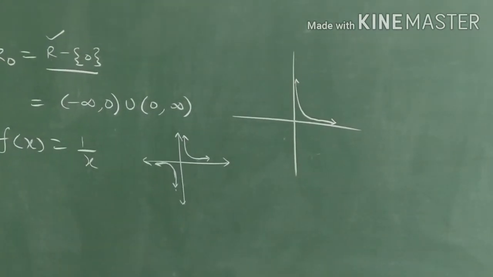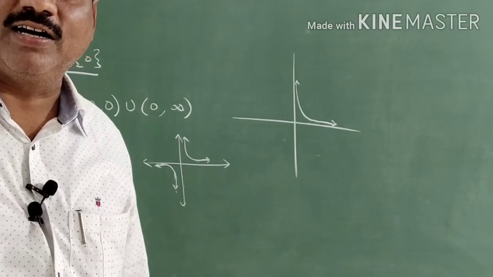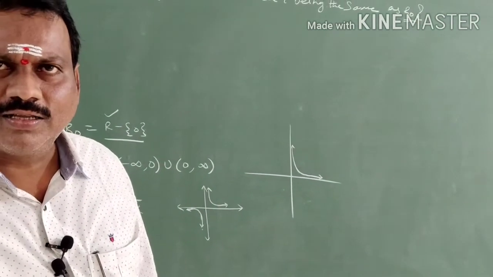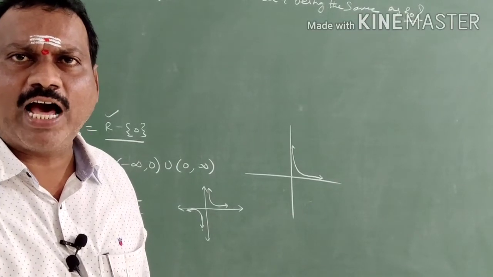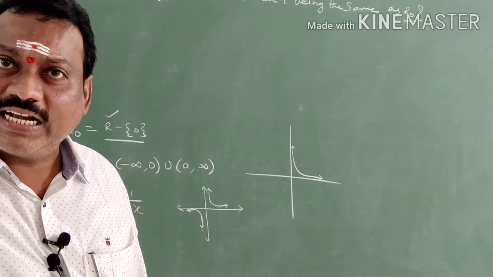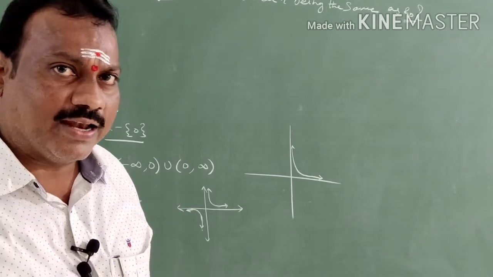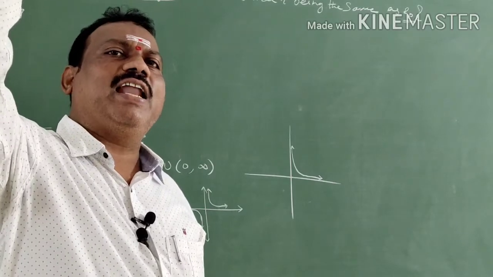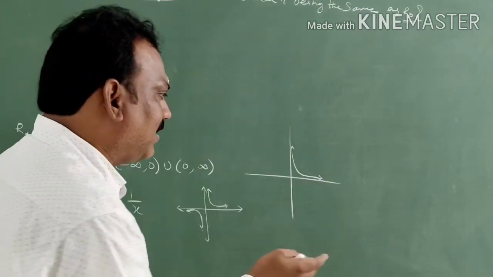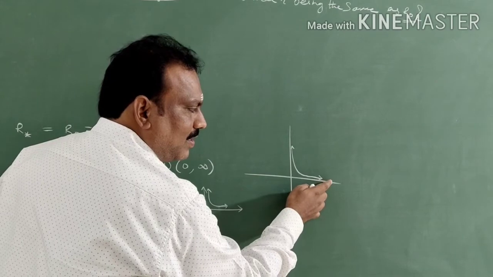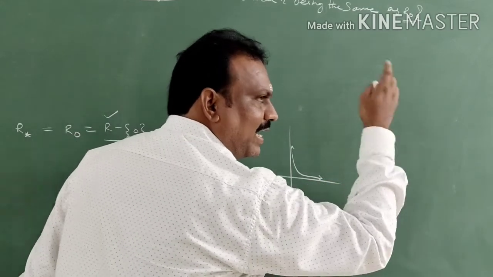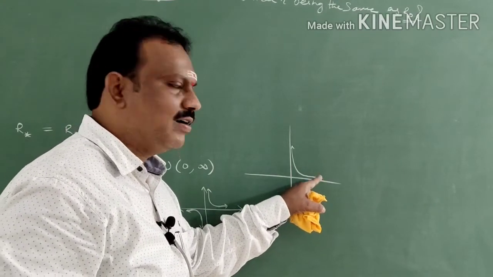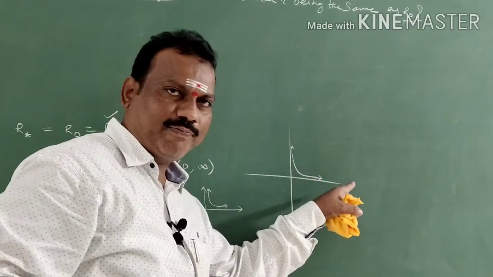That's why these lines, where the curve meets the x and y axis at infinite distance, are called asymptotes. We don't know where they intersect, but we say they are intersecting at infinite distance. That line is an asymptote for this graph.